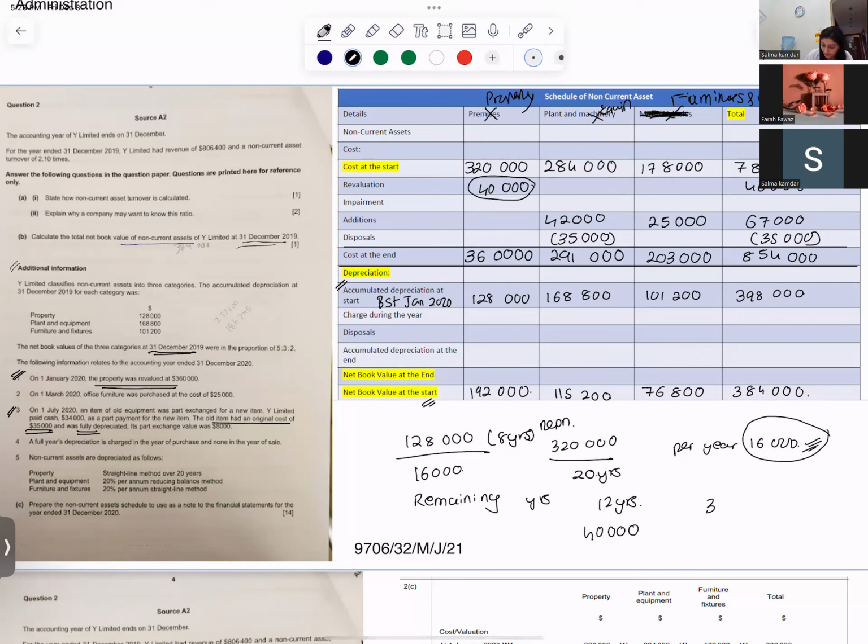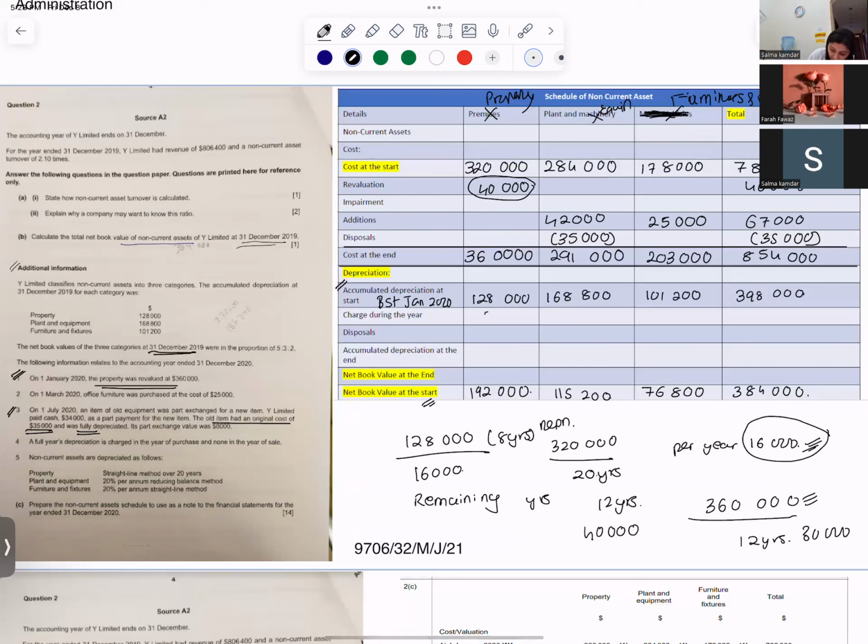So your revalued amount, that is your cost at the end. Now you have to split this amongst the remaining life. The remaining life is 12 years. So 360,000 divided by 12. You will get 30,000. 30,000 is the charge of depreciation for your property.